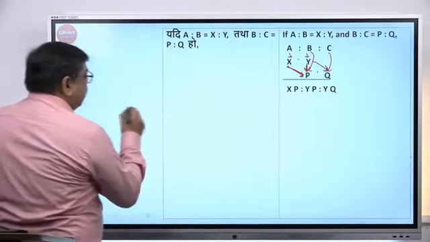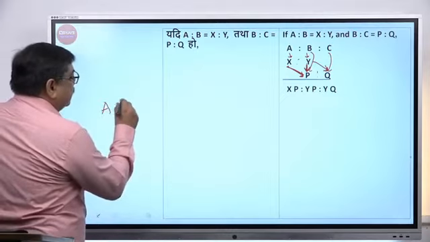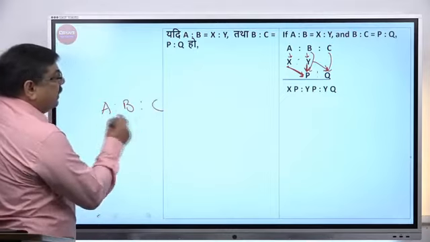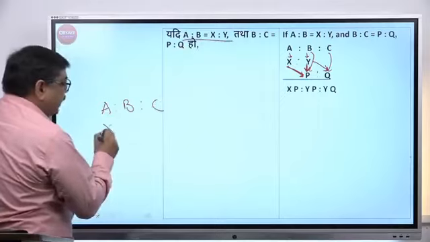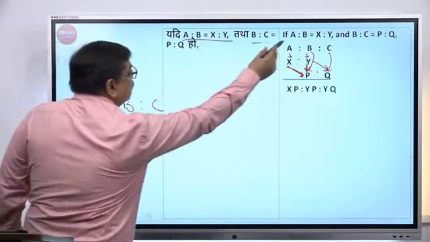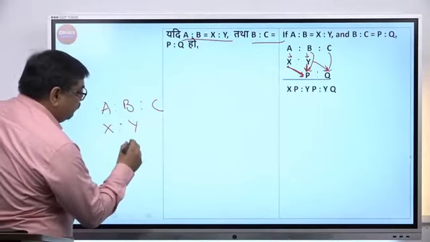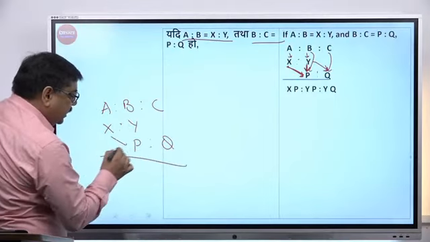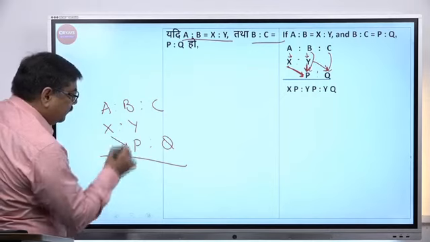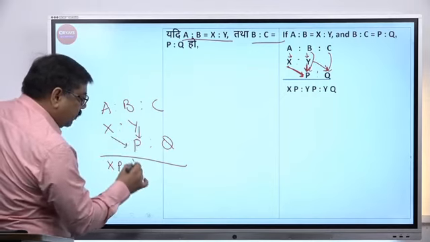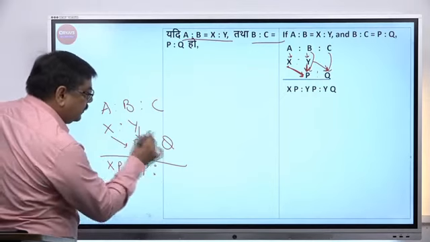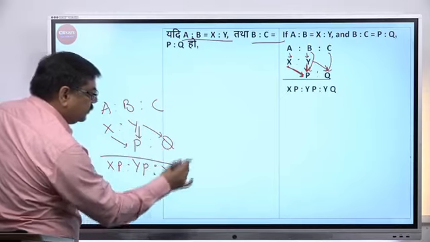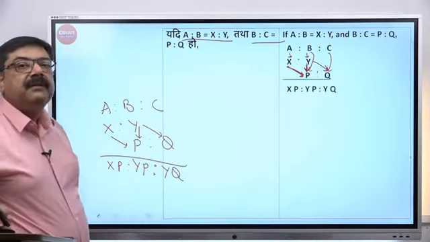तो बहुत आसान है जी, आप देख सकते हैं A is to B is to C, यहां पे लिखें what is A is to B, X is to Y, what is B is to C, that is P is to Q, what will be A is to B is to C, XP, YP, YQ. Now these are the values that we will get.